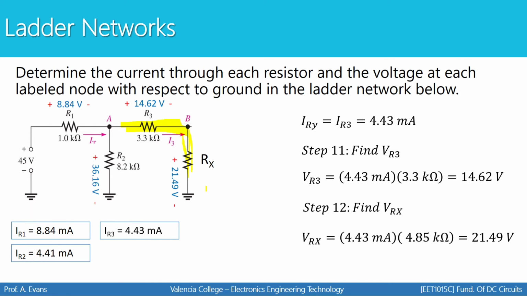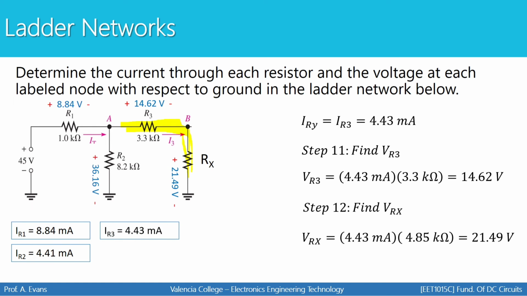I could have also found the voltage for Rx by using KVL. The voltage here has to be equal to the sum of these two voltages because this makes a closed loop. So now I have the voltage for Rx.